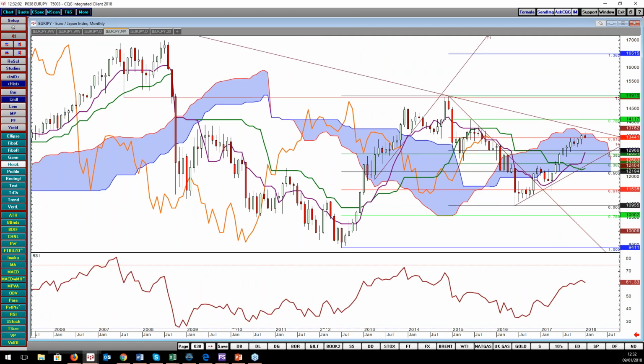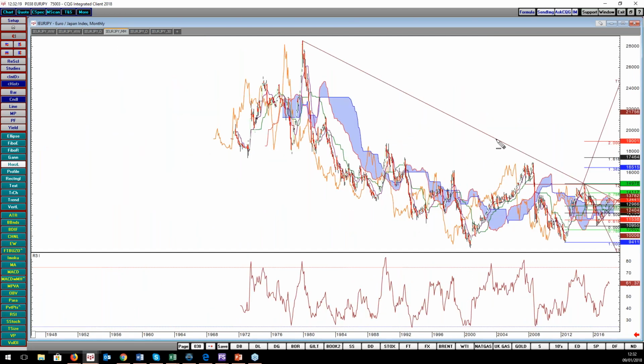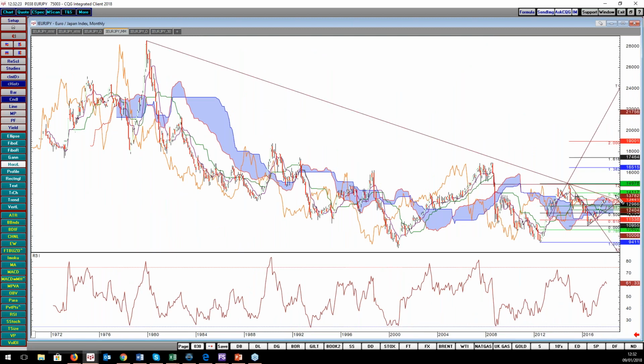So there is a potted analysis of 4 different time frames for Euro Yen, which has all come together to give us, as well as the fact that on the monthly we've got this massive great big downtrend line that we've also just failed at, which is interesting.